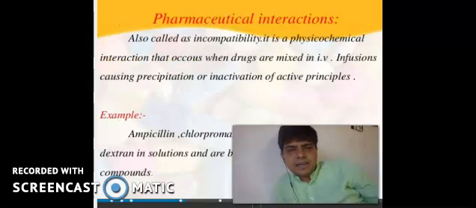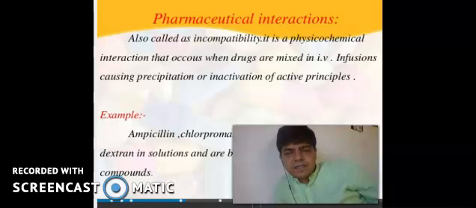Pharmaceutical interactions are also called incompatibility of drugs. It is a physicochemical interaction that occurs when drugs are mixed in IV infusion, causing precipitation or inactivation of active principles.